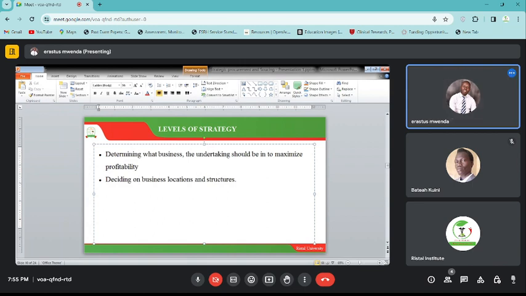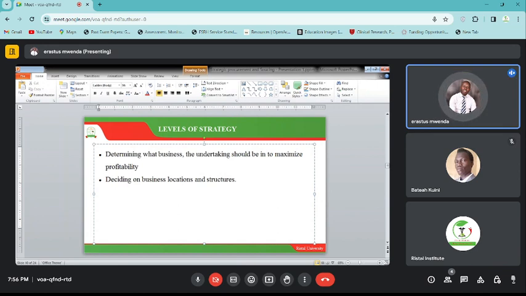When we talk about functional strategies, they are concerned with integrating activities within the functional area. So within a particular department, let's say finance, we can have procurement taking place there, marketing taking place there. In short, every department will need to have their own sub-departments in terms of procurement and marketing running within themselves, so that we don't put a lot of pressure on one department to be able to do this work.